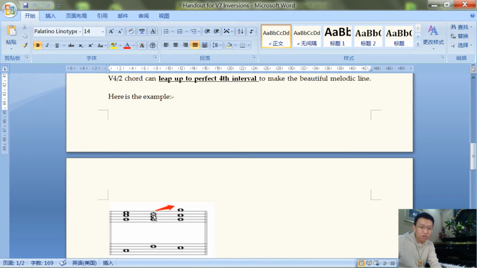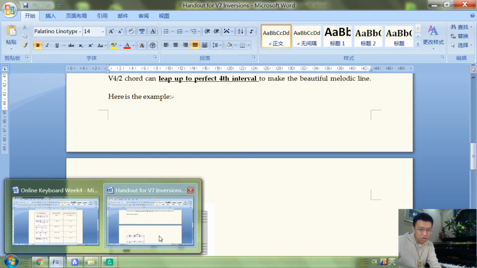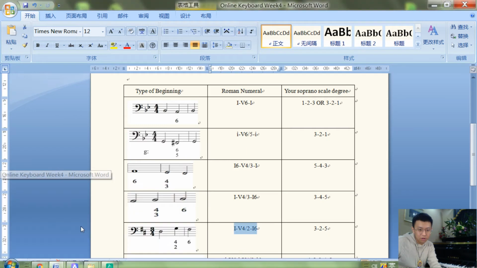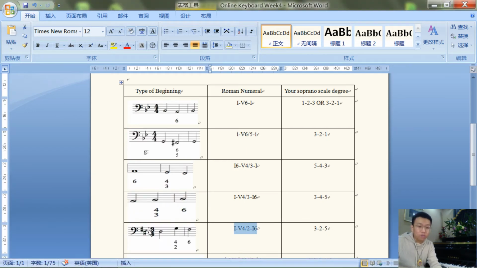We can leap the soprano a perfect fourth here as well. For example, lots of progressions begin like that, 1-5-4-2 to 1-6. If I use soprano scale degrees 3 to 5, right? 3, 2, 5. It will have a good opening of the melody.